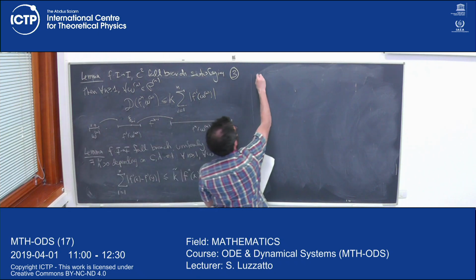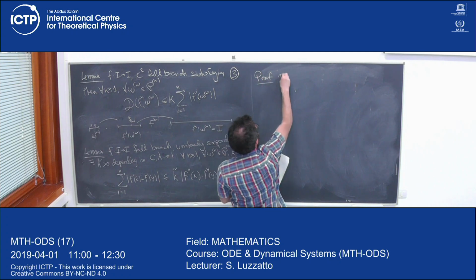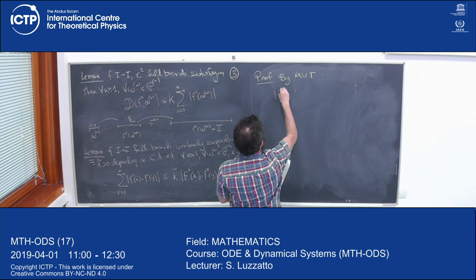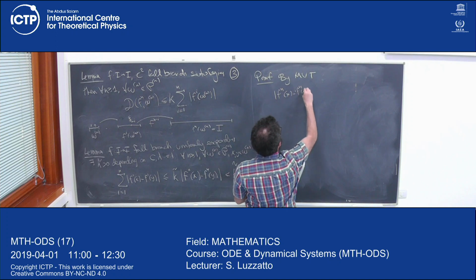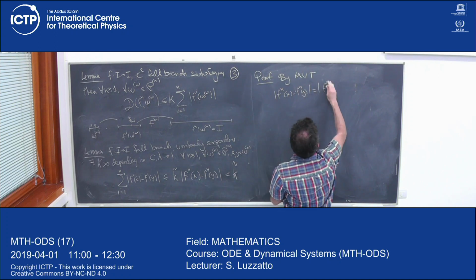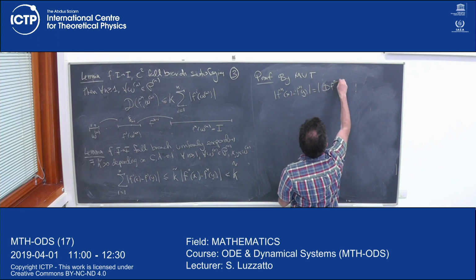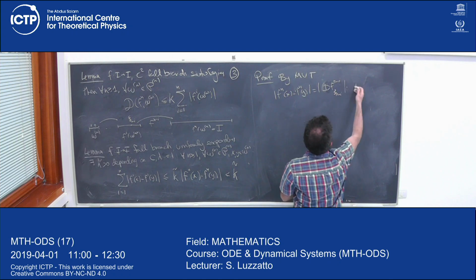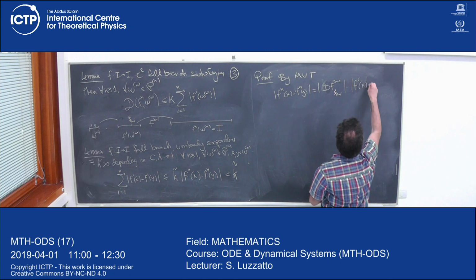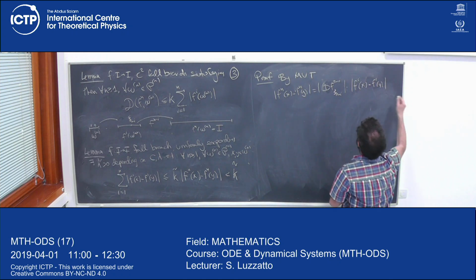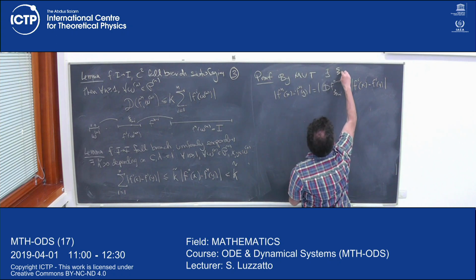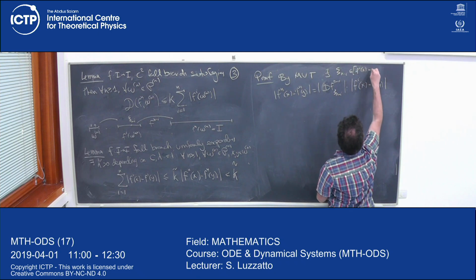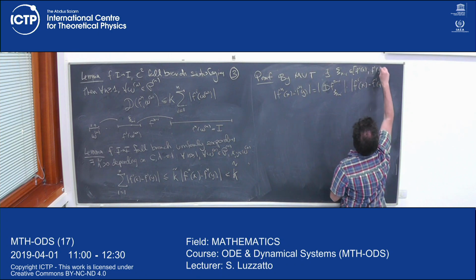So by the mean value theorem, we have that fn x minus fn y is equal to the derivative d f n minus i at some point psi n minus i times fi x minus fi y, for some psi n minus i in this interval between fi of x and fi of y.